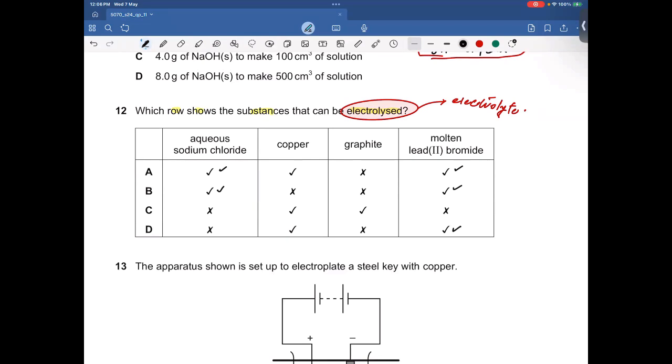Graphite and copper can conduct electricity, but they are not acting as an electrolyte. They usually act as an electrode, and at an electrode there will be no chemical change, because in an electrolyte a chemical change takes place, right? So copper can conduct electricity, graphite can conduct electricity, but both of them act as an electrode, not as an electrolyte. So obviously I think B is going to be the right answer.